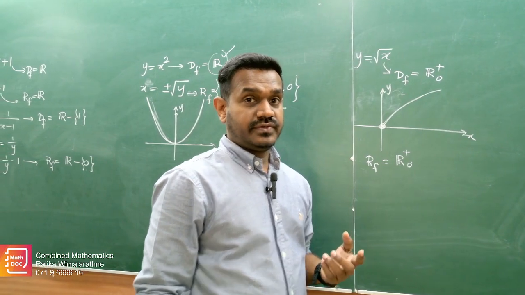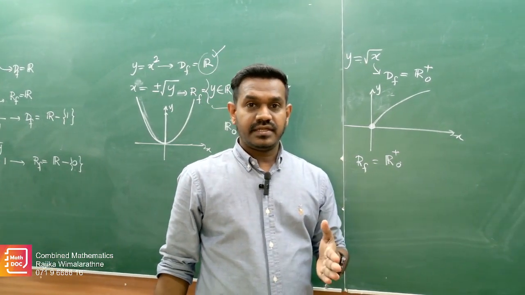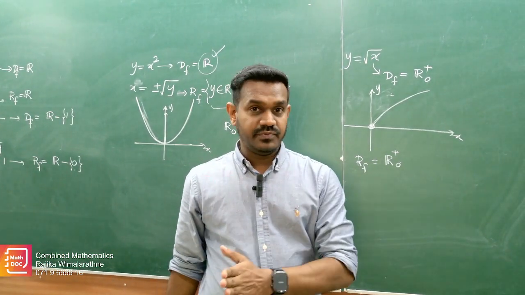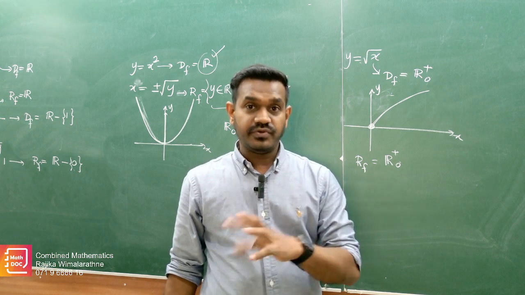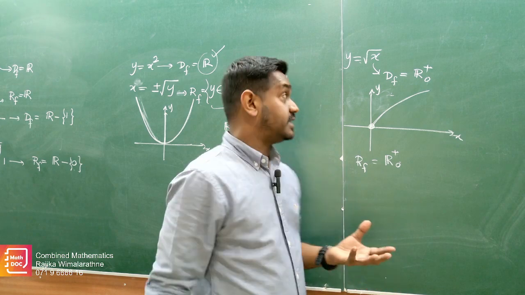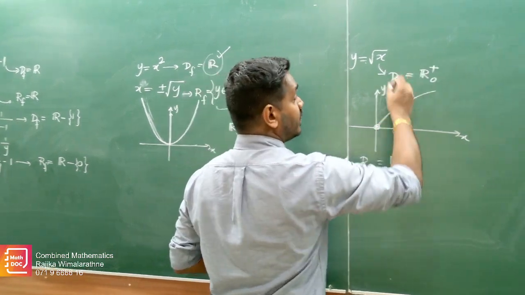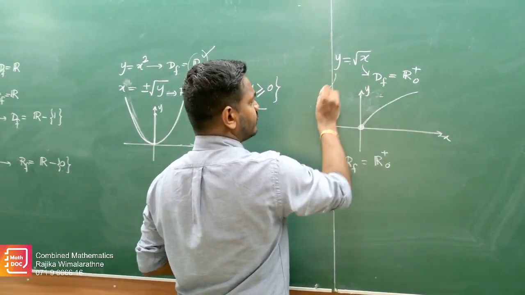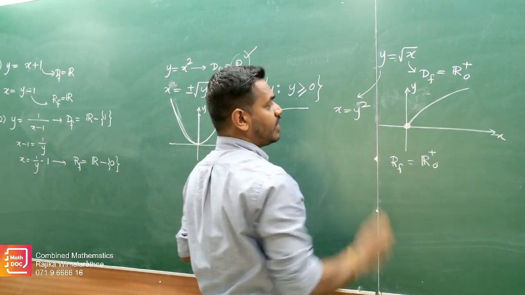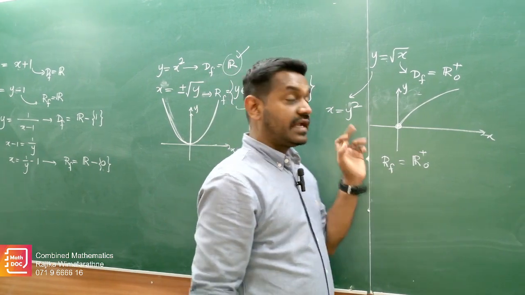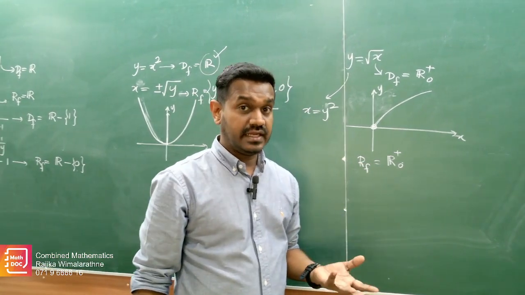I told you the range connects with inputs, no? The range contains the input-output relation. Therefore, here the domain is positive real values. When you subject x equals y squared, you identify that y can get any real value.